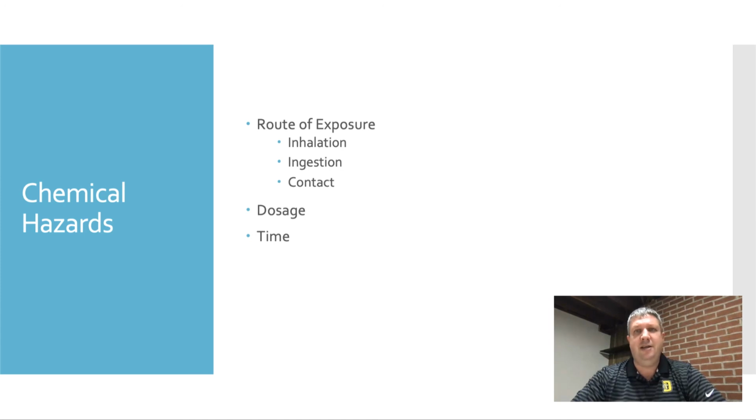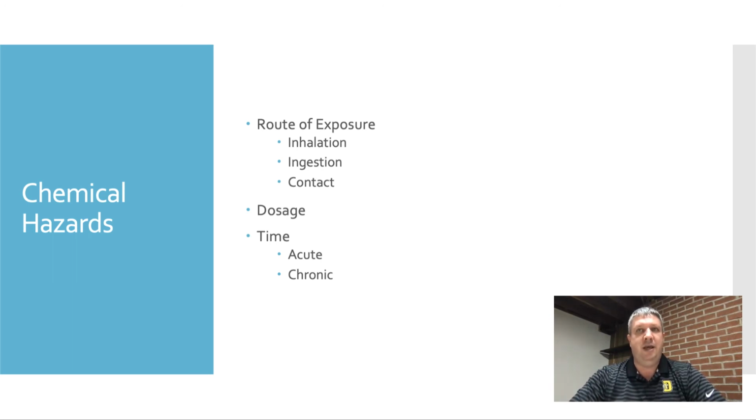The other thing is time of the exposure. You may be exposed to something over a short time, or you may be exposed to it over a long period of time. A short-term exposure is called acute, so something all at once, whereas a long-term exposure is called chronic. And for certain substances, a small long-term exposure may be as dangerous as a large short-term exposure.